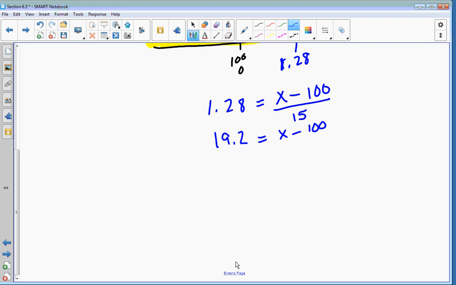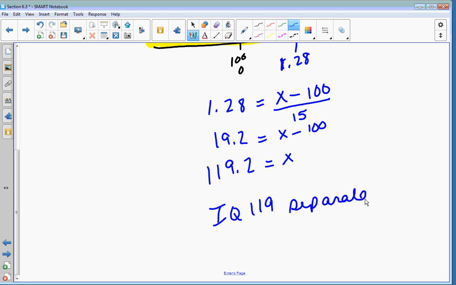Obviously, I'm going to add 100 to both sides and get 119.2 is equal to x. And IQ scores are in whole numbers. So my IQ of 119 would separate the 90th percentile and the 10% top.